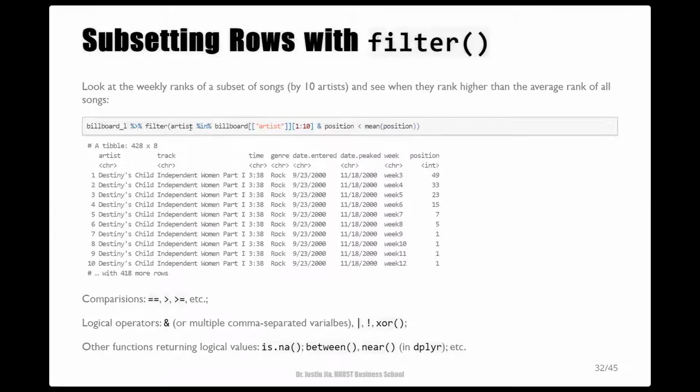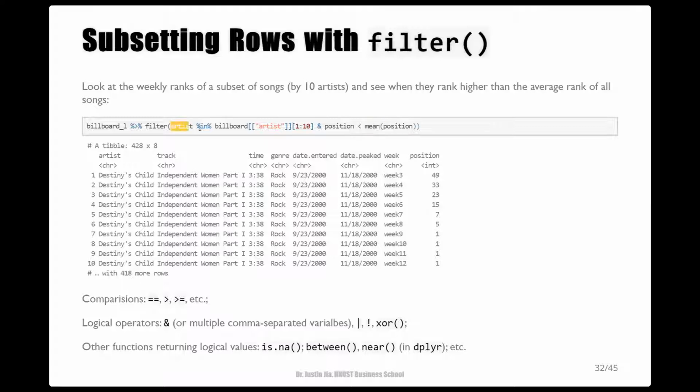These logical predicates are defined in terms of the variables in that data frame, like artist and position in these two conditions. And vector recycling makes it easy to select values that are higher or lower than a summary statistic, like the average ranking position here.